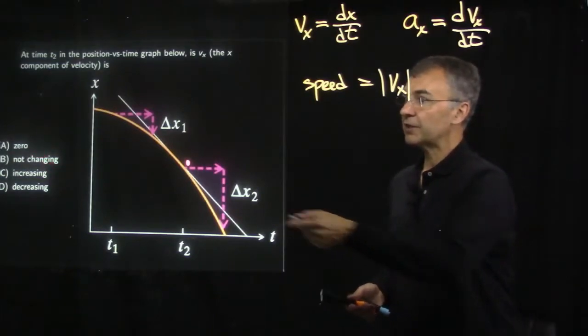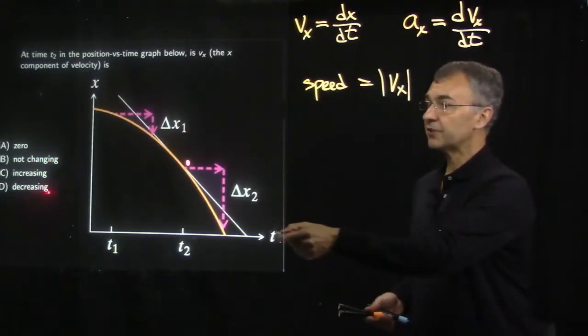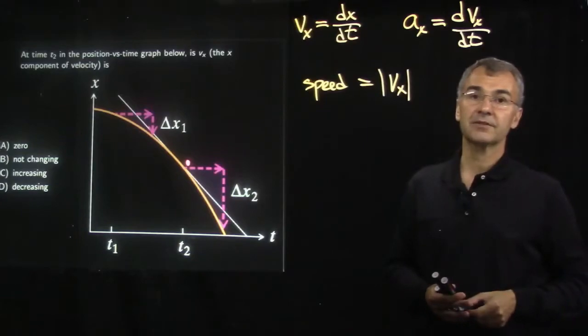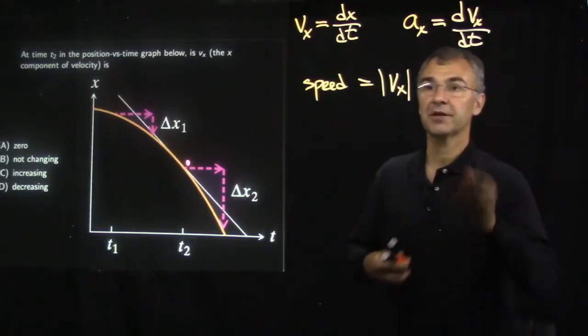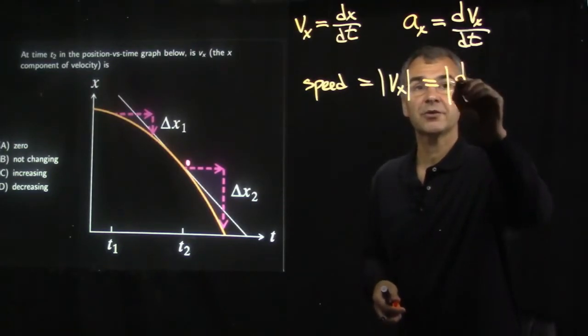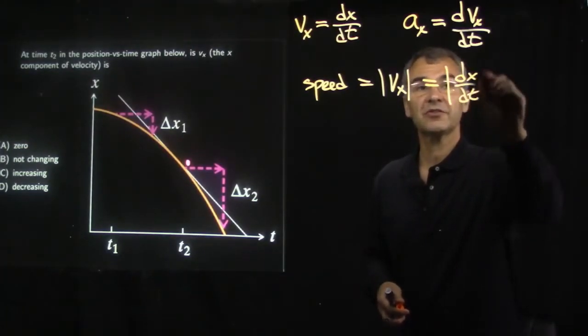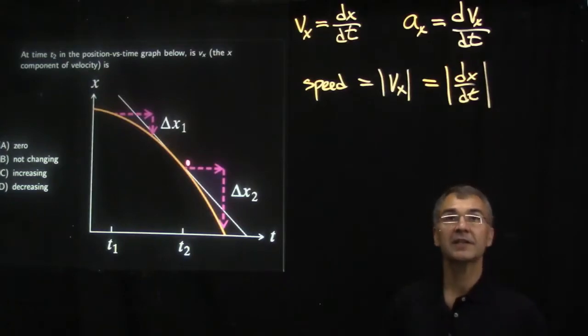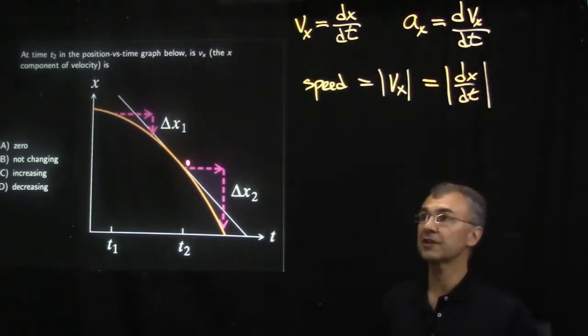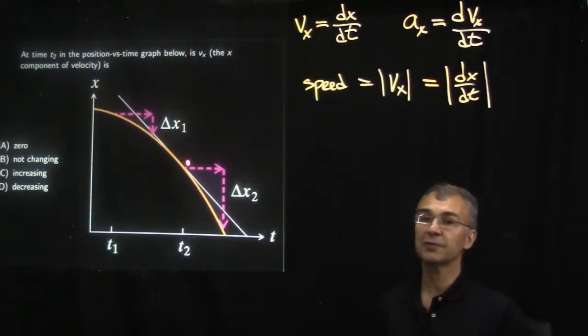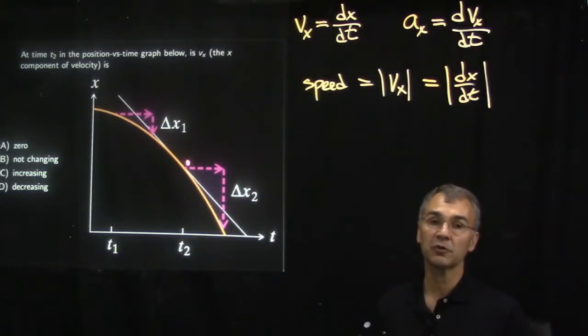And I think, as a matter of fact, dx by dt is decreasing. So the magnitude of dx by dt, oh, by the way, speed, was the magnitude of dx by dt. So in the previous slide, we concluded that the magnitude of dx by dt was increasing, but dx by dt itself is decreasing because it's a negative slope, and that negative slope is becoming more and more negative over time.